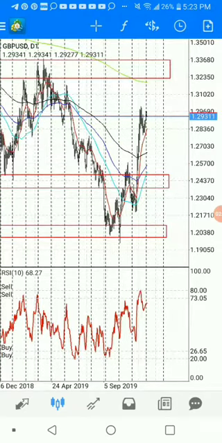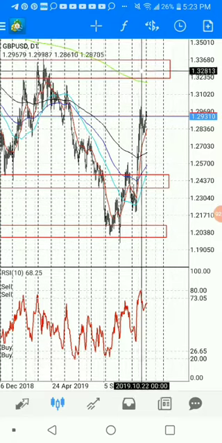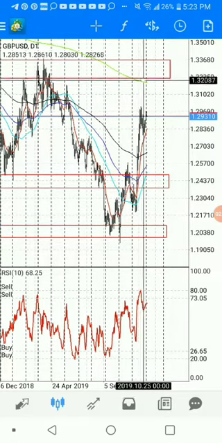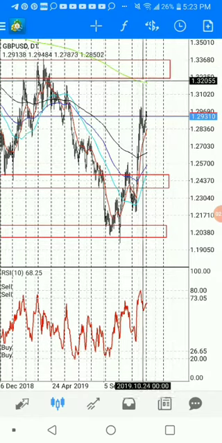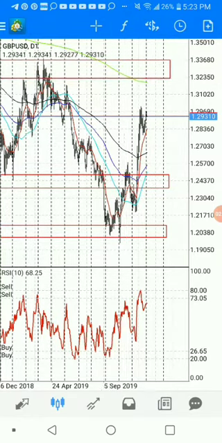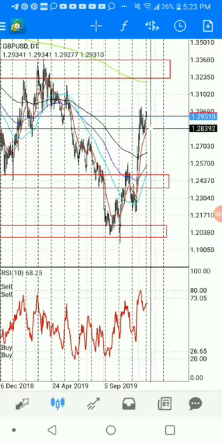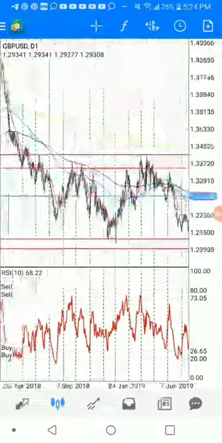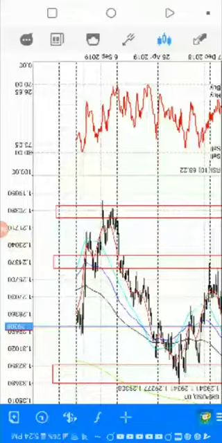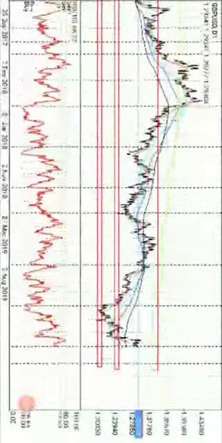Once it revisits this resistance zone where price has been a few times before, we may get price to start pushing down after that. So let me turn it over so you can get a better view of what it looks like.